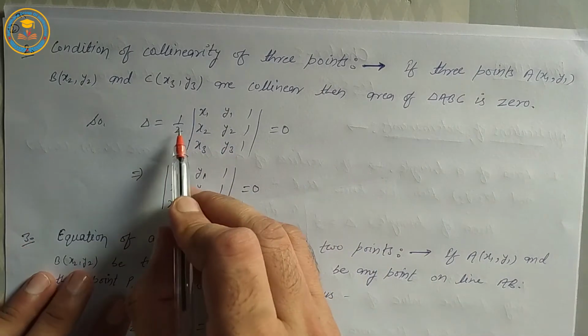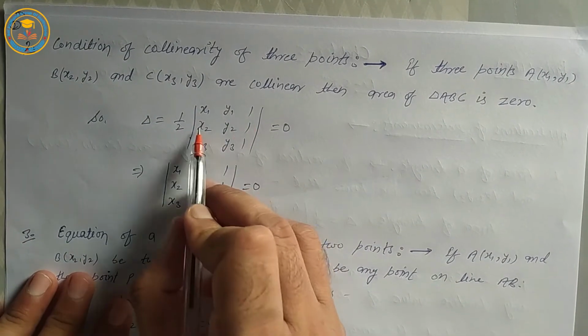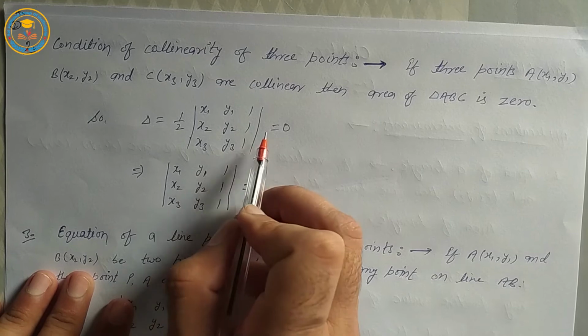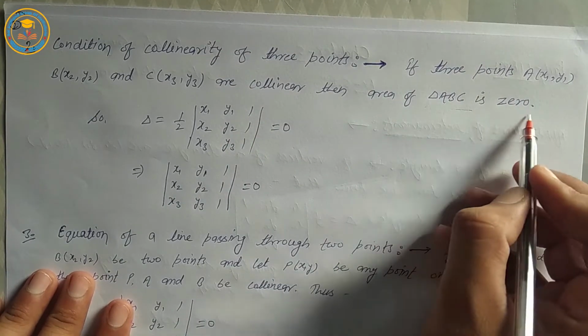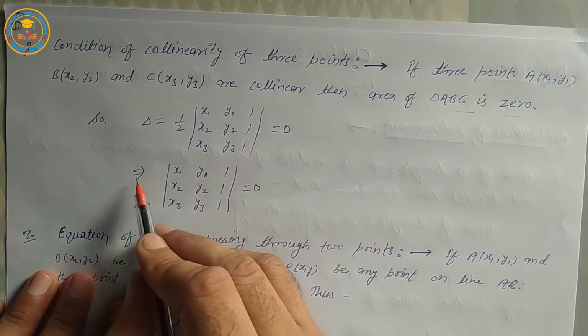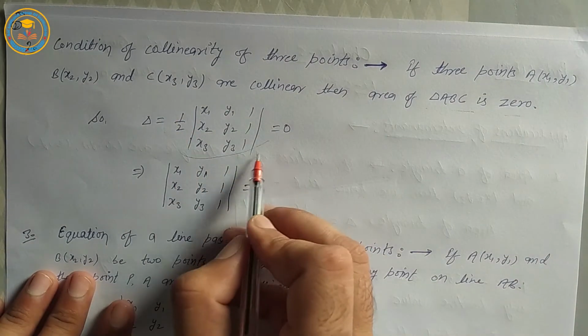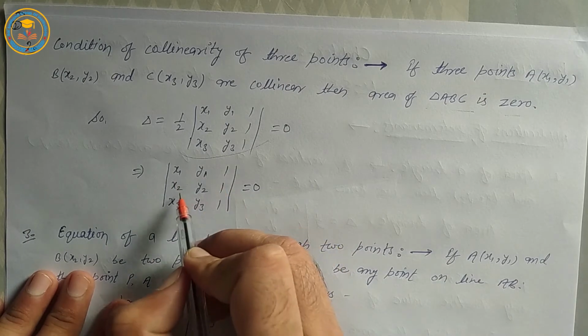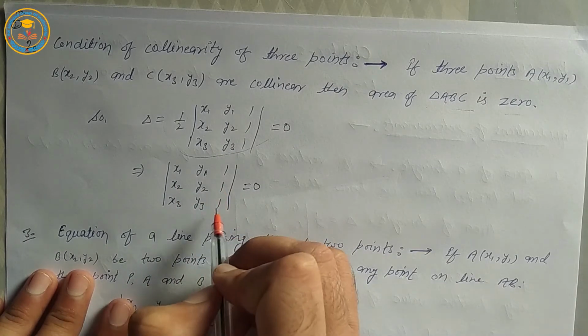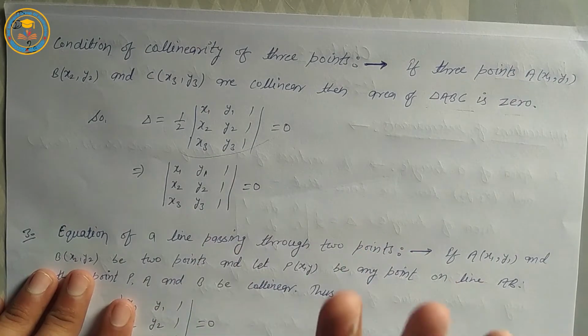So delta is equal to 1 by 2 times the determinant x1 y1 1, x2 y2 1, x3 y3 1, equal to 0, because the area of triangle ABC is 0. This implies the determinant x1 y1 1, x2 y2 1, x3 y3 1 is equal to 0.